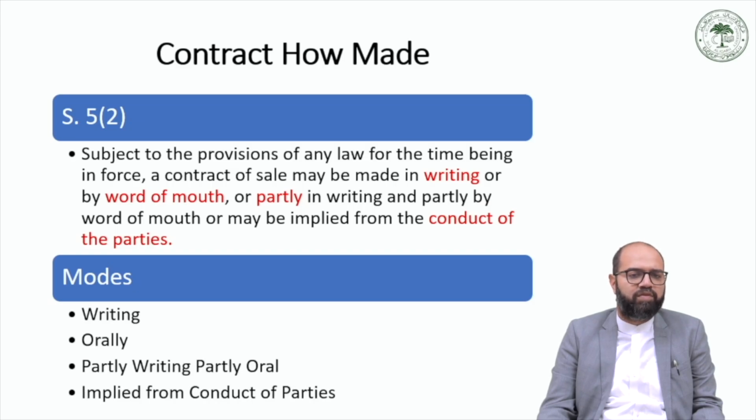A contract of sale may be purely in writing, it can be purely oral, that is by words of mouth, it could be a hybrid between partly in writing and partly oral, and lastly, it arises neither from the words that are spoken by the parties nor through any written agreement, but has to be implied from the conduct or action of the parties. Now we shall be looking at how a contract can be made through each of these modes.